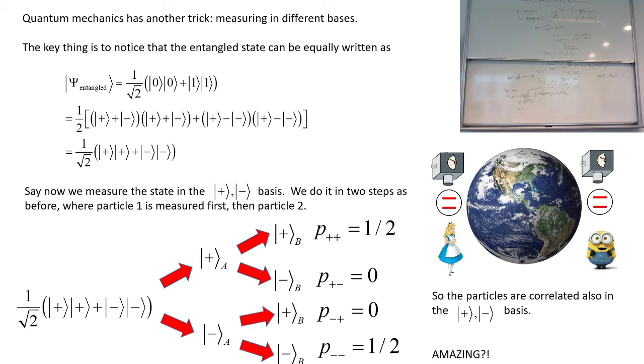So it's basically the same calculation, and you still get these correlations. When Alice measures plus, then Bob will get plus. And when Alice measures minus, Bob will get minus. Okay, so now is it amazing, or is it still the same story?